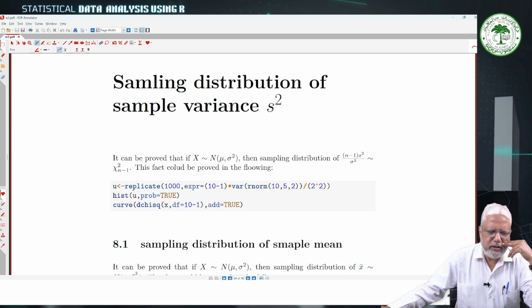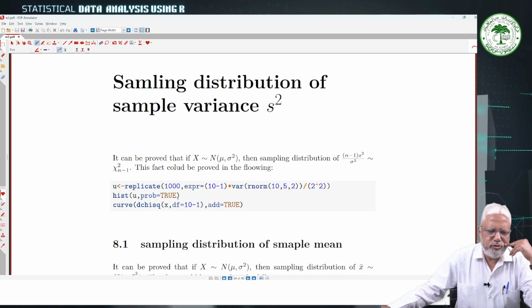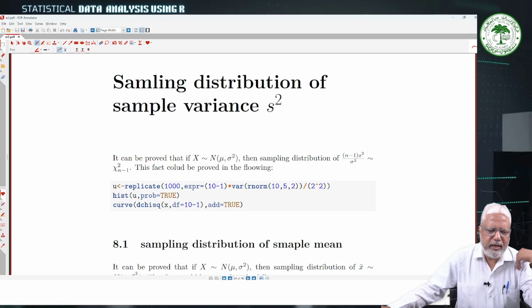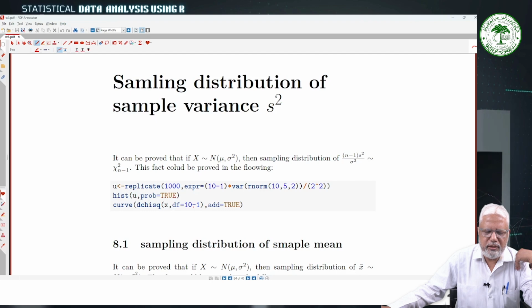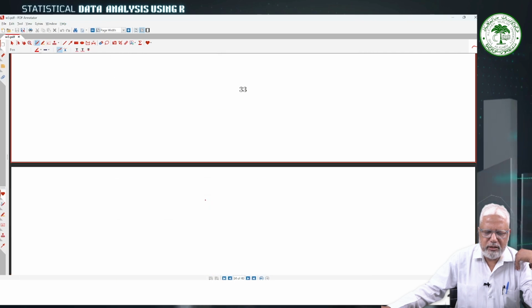And then we are generating a histogram, prob equal to true, and then we are adding a chi-square distribution with degree of freedom 10 minus 1 on this histogram, and this is the result we are getting.